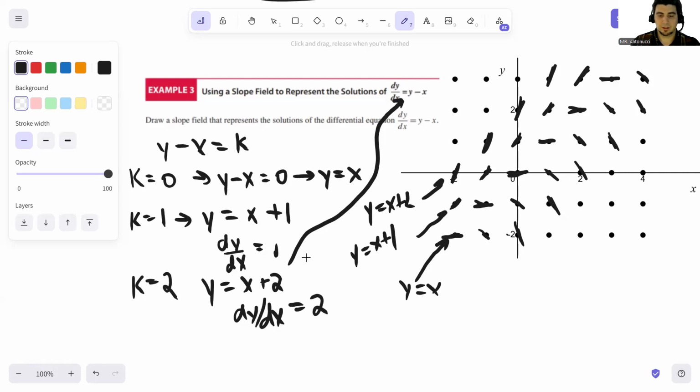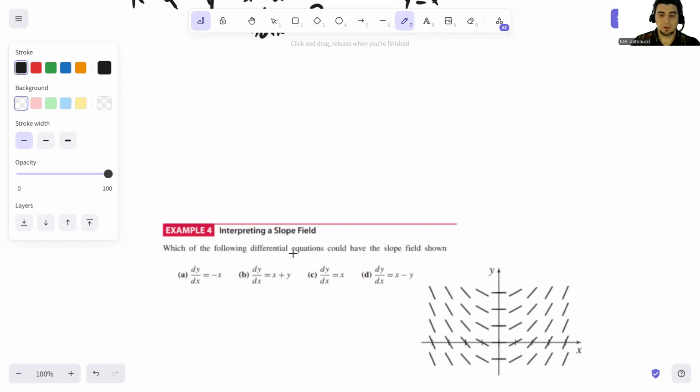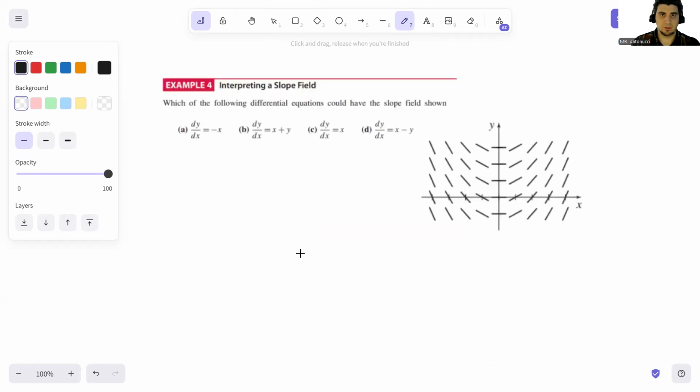All right. Last thing I want to look at is that sometimes you might get a multiple choice question where you have to interpret a slope field and match the differential equation with the slope field. So we want to know which of these differential equations could have the slope field shown here. One of the things that's important to note is that tangent lines that lie along the vertical line all have the same slope.